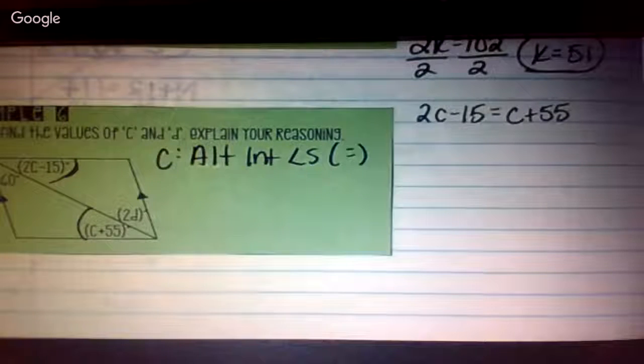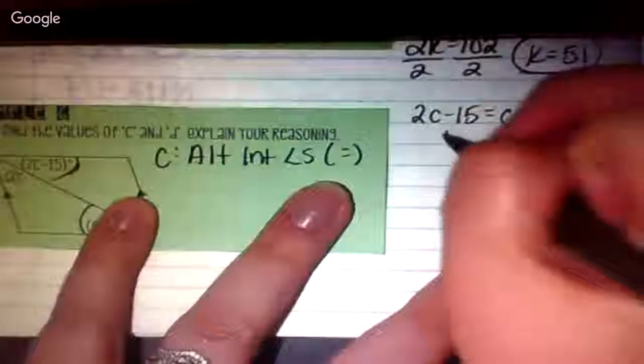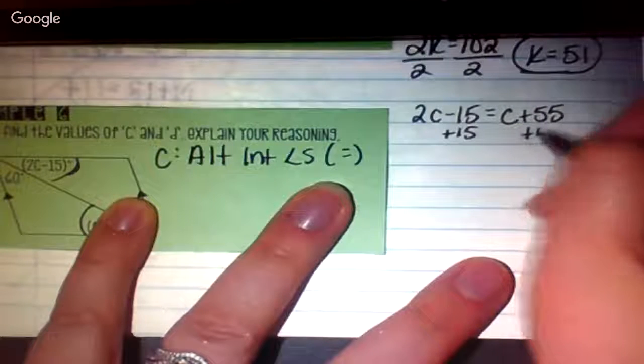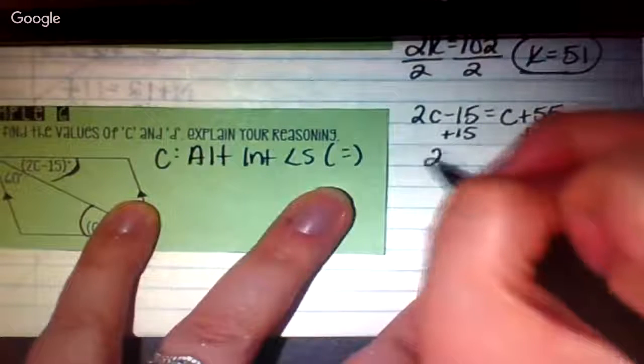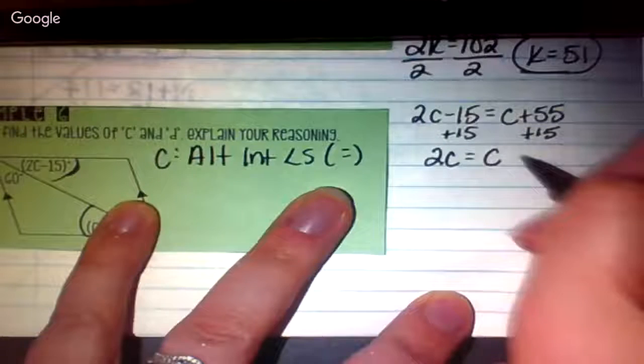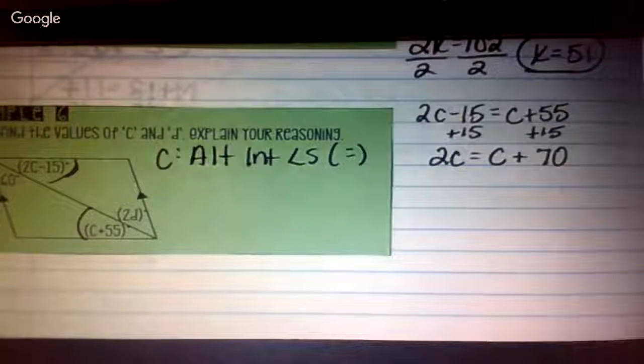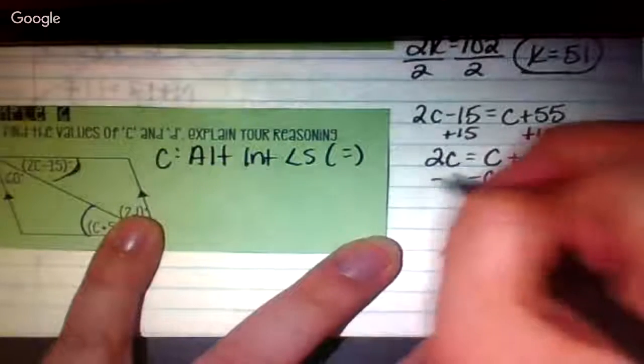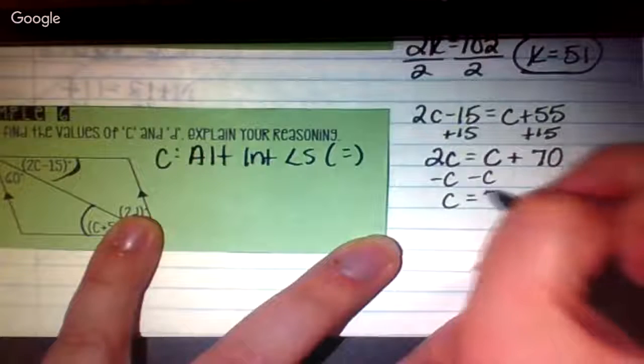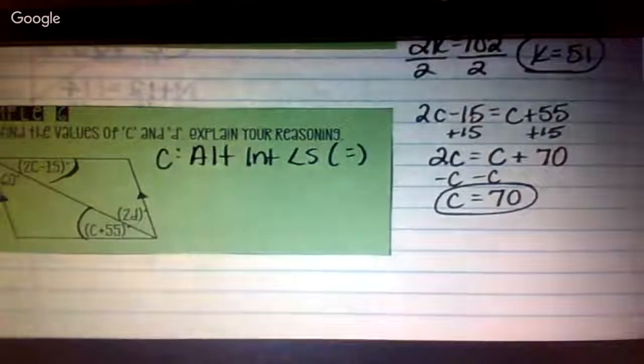So instead of combining like terms, we need to move variables to one side, numbers to the other. Add 15 to 55. So we get 2C equals C plus 70. Subtract C from both sides, so we get C equals 70.